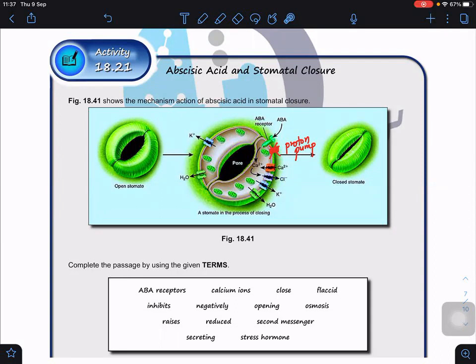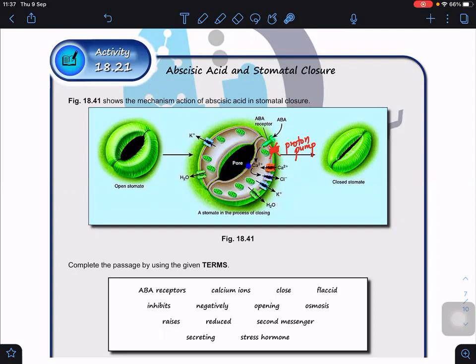Because the chloride ion moves out, you can see the outside now has more chloride ions, negatively charged ions. So you're going to pull, or drag, the K plus out. So when K plus and chloride ion move out, the outside accumulates ions. Are you clear? So the water molecules move in.